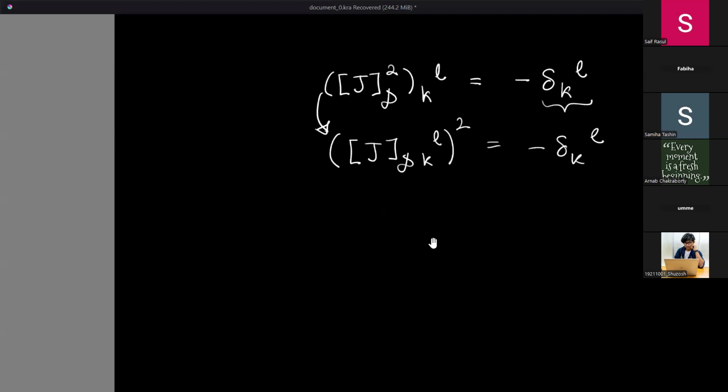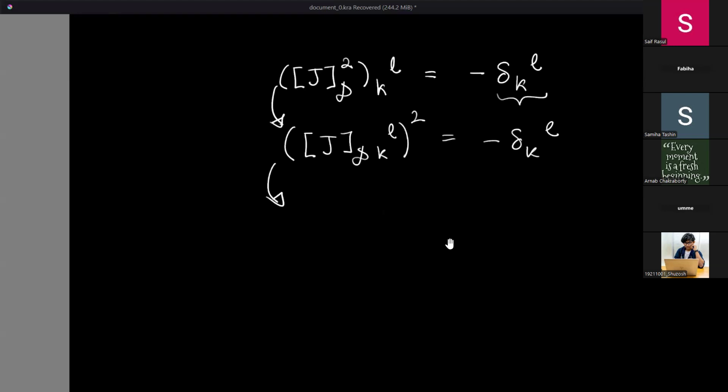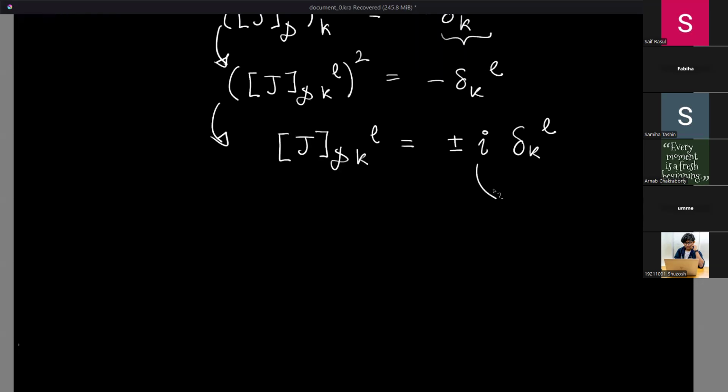So we take the square to the other side. Then we get plus minus i delta KL. So along the diagonal, we have plus and minus i, which means that the eigenvalues of J are plus and minus i.